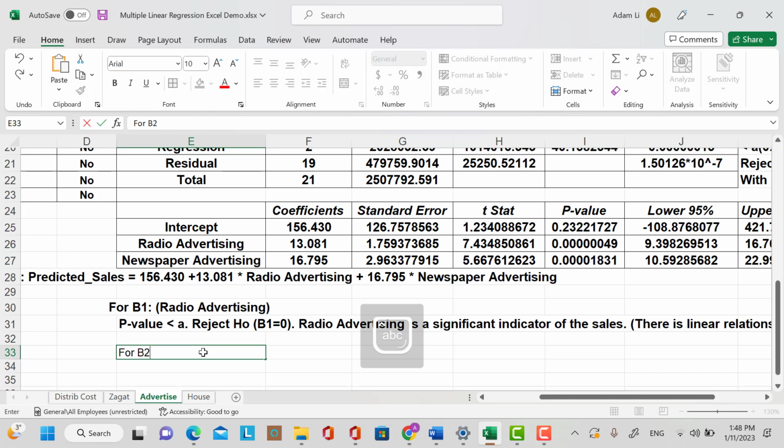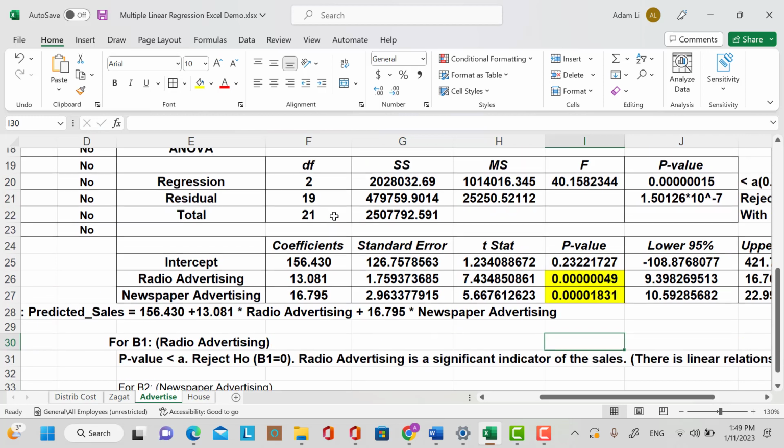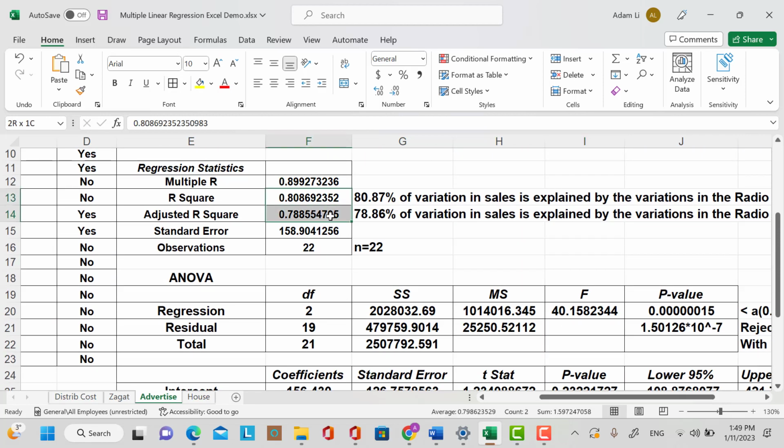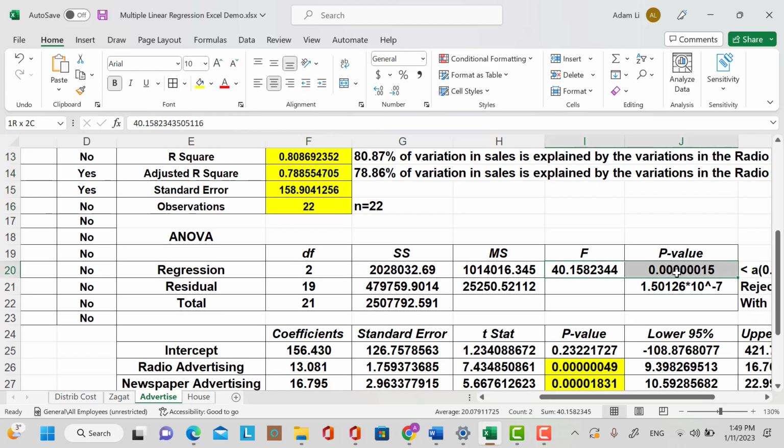For the slope of the newspaper advertising, beta 2, again the p-value is much smaller than alpha. Highlight those two p-values, they're very, very small. Okay, and also the t-value and p-value.